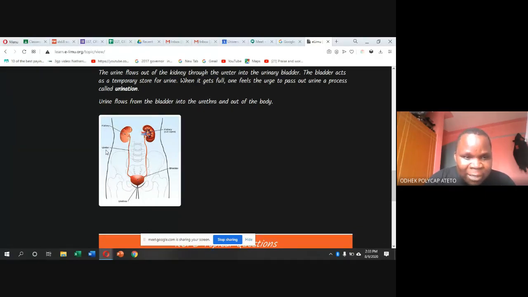By which organ? The ureter, a pipe that takes urine from the kidney to the bladder. The bladder stores urine for some time, then urine comes out of the body through the urethra.